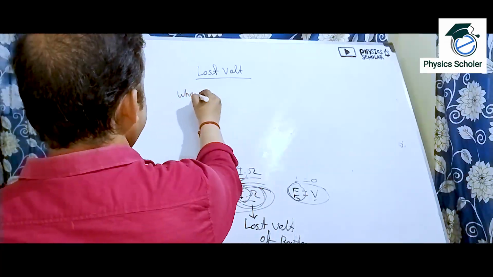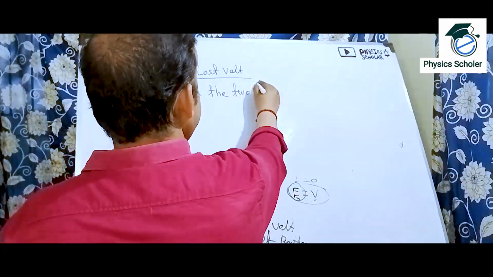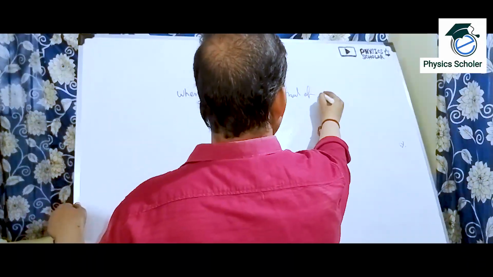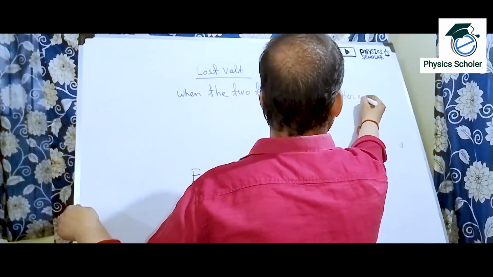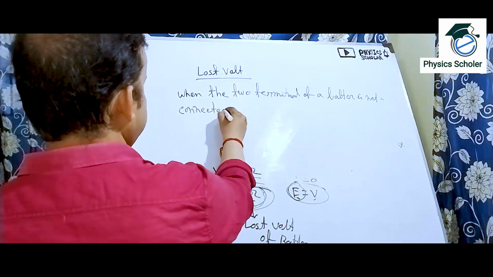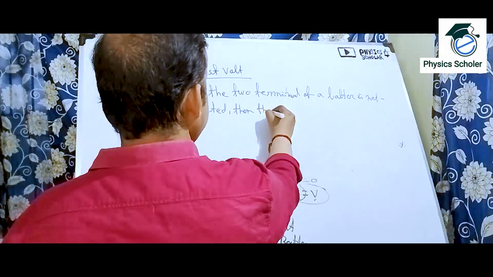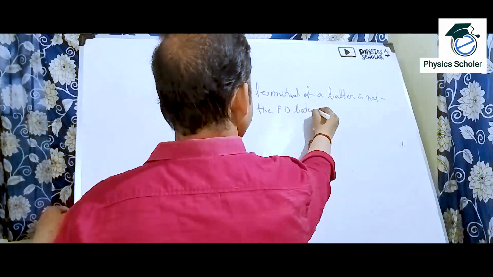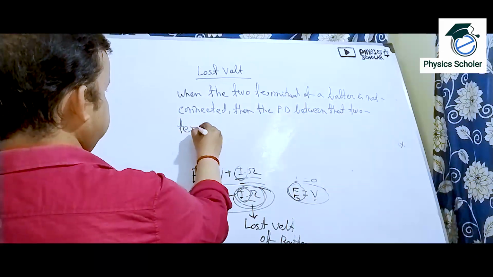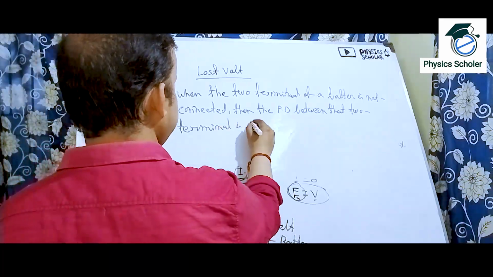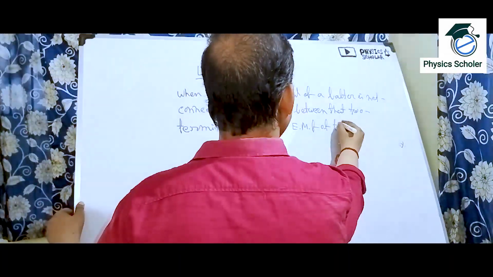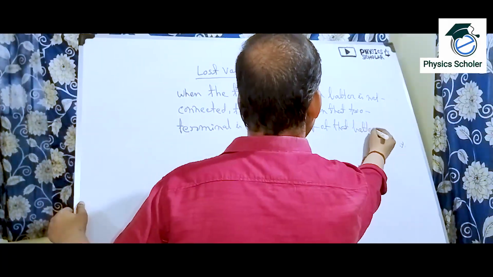So when the two terminals of a battery are not connected, then the potential difference between those two terminals is known as the EMF of that battery.